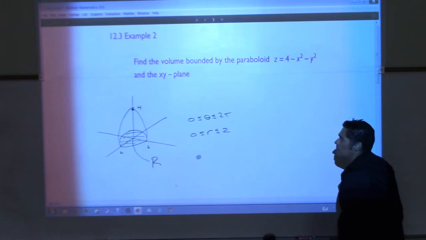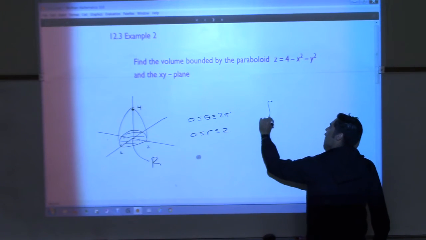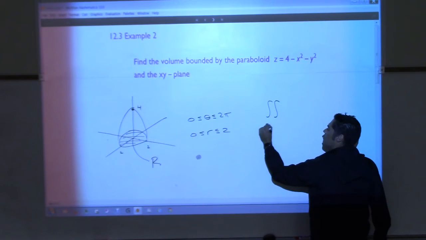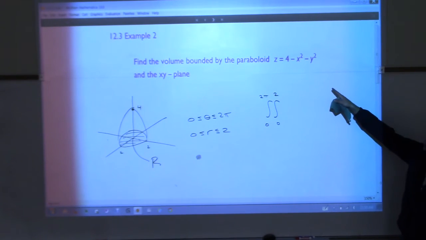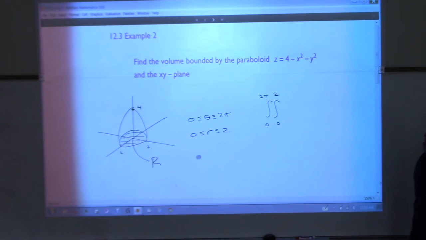All right, double integral. Go from 0 to 2 pi, go from 0 to 2. I'm integrating that, right? And so I need to solve it for z, which it already is. And then I need to replace x with r cosine theta and y with r sine theta, right? But what's even better than that?